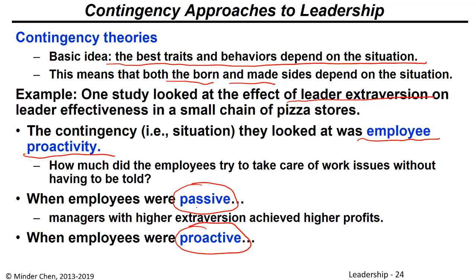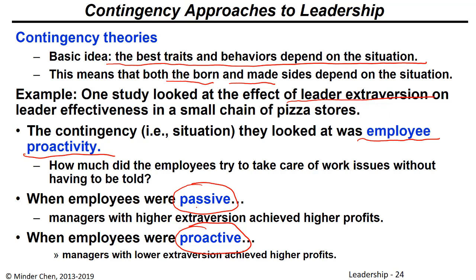But when employees were proactive, they take the task more seriously, then a manager with lower extraversion achieved higher profit. In this case, lower extraversion means it's more democratic, or you let the workers manage their own work, and that actually ended up being more productive.